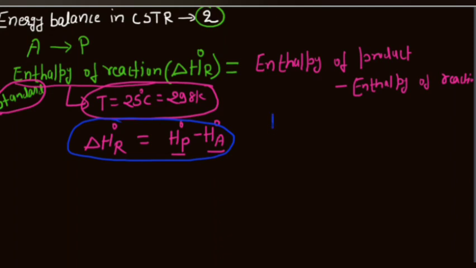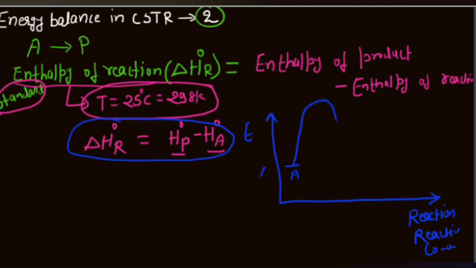Now understand how it is going to vary. If this is enthalpy and this is the reaction coordinate, and our reactant is A and our product is P, then from the graph you can see the enthalpy of product is more as compared to the enthalpy of reactant.